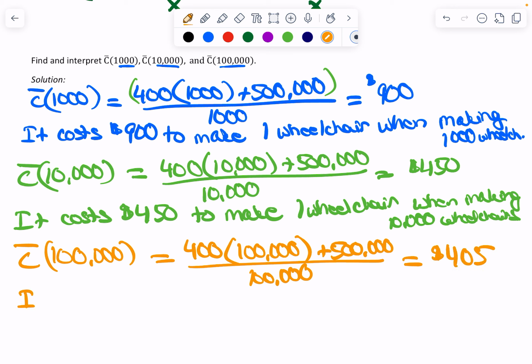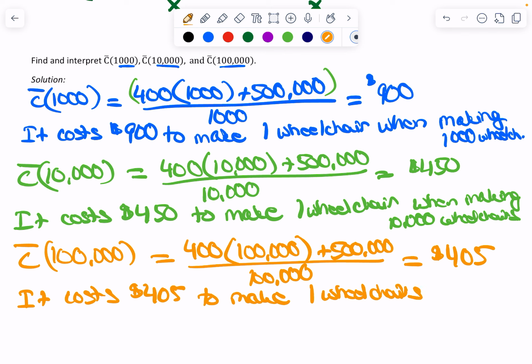So it costs $405 to make one wheelchair when making 100,000 wheelchairs.